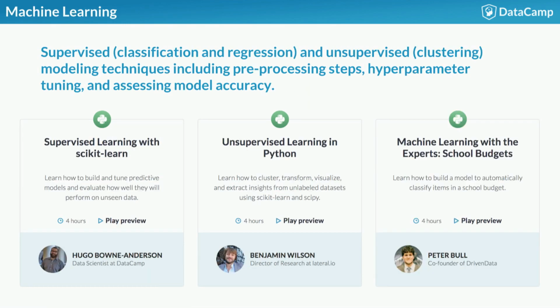On the machine learning side, the machine learning module covers both supervised and unsupervised learning. It gets into pre-processing data, tuning hyperparameters, assessing model performance, and so on. Again, some suggested DataCamp courses here go along with that module. And again, I just want to reiterate, these courses are not required to complete the certification. They're simply suggested if you want to brush up on some of the material that will be tested.